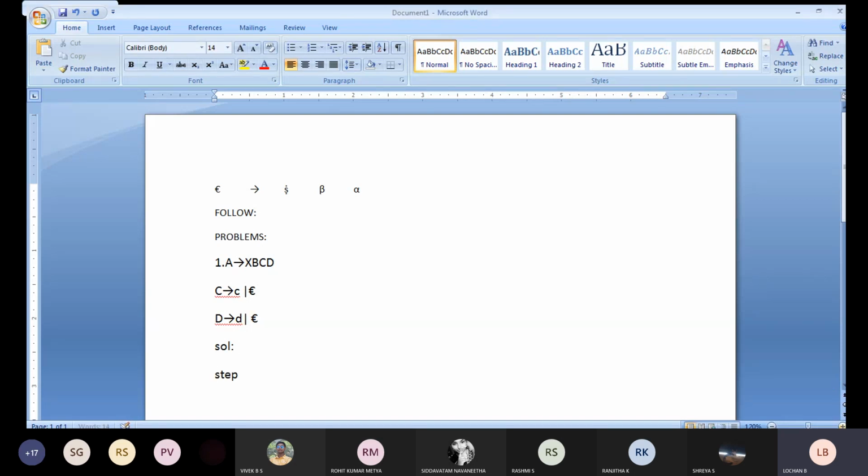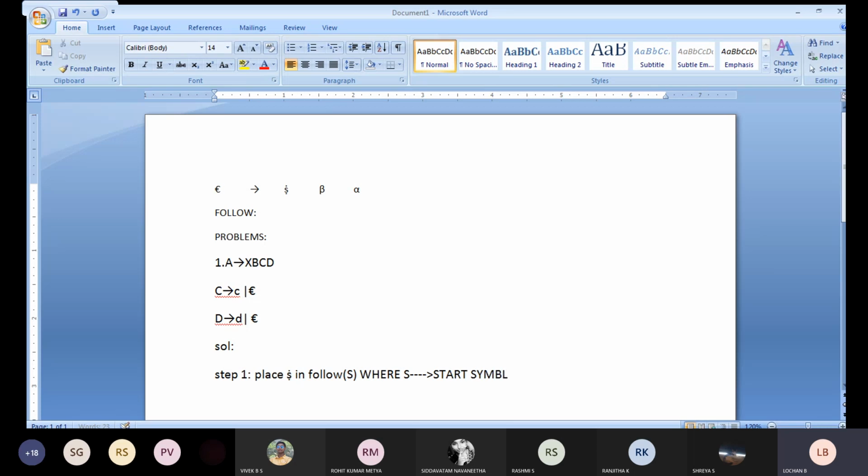Step one: we are going to place the dollar symbol in follow of S. That is with respect to the starting state, where S is the start symbol.